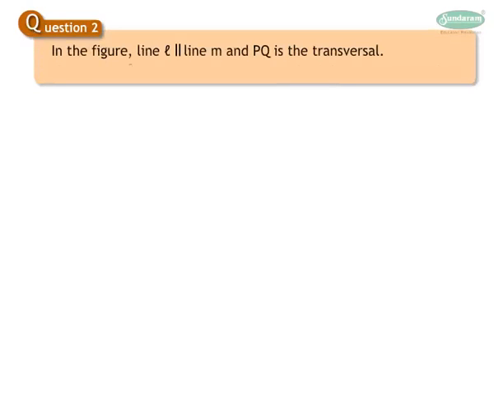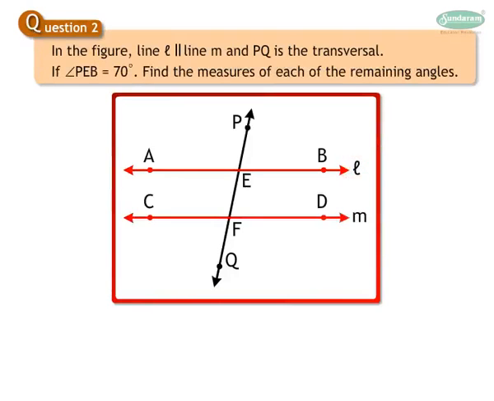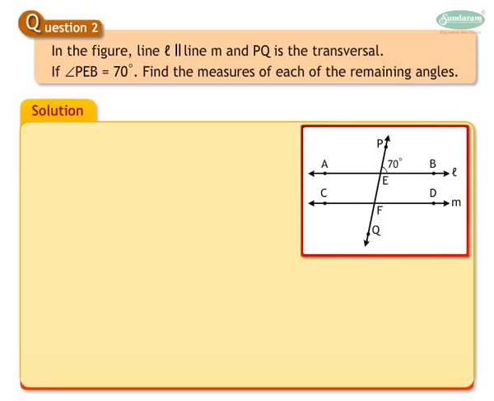Question 2. In the figure, line L is parallel to line M and PQ is the transversal. If angle PEB is equal to 70 degrees, find the measure of each of the remaining angles. Solution. It is given that angle PEB is equal to 70 degrees. Angle PEB is vertically opposite to angle AEF. So, angle AEF is equal to angle PEB is equal to 70 degrees.